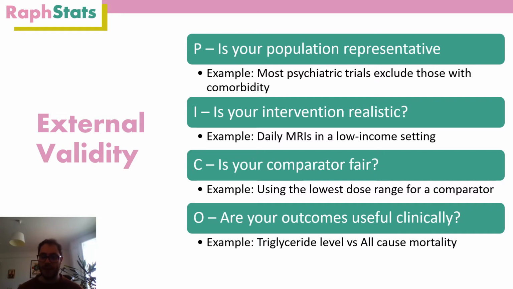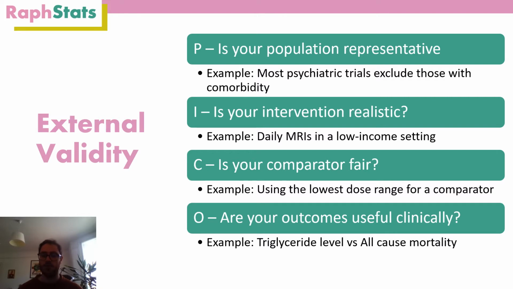In terms of the comparator, you're thinking, is the comparator actually fair? One, are you using the gold standard alternative treatment, which is what you should be doing? A lot of the time trials might compare to placebo rather than the drug that's actually used, and that's more of a historical problem because you're not really meant to do that anymore. In which case you can't know if it's comparable to the treatment that you're already using.